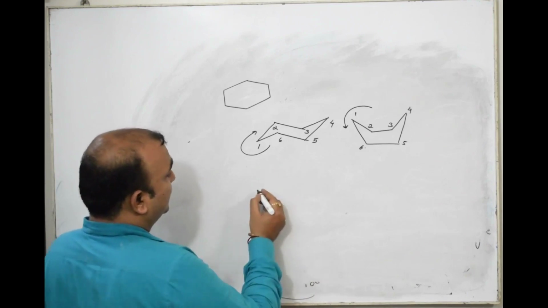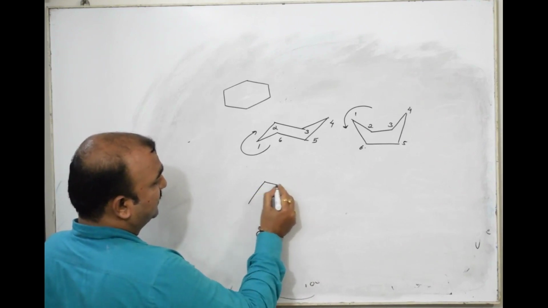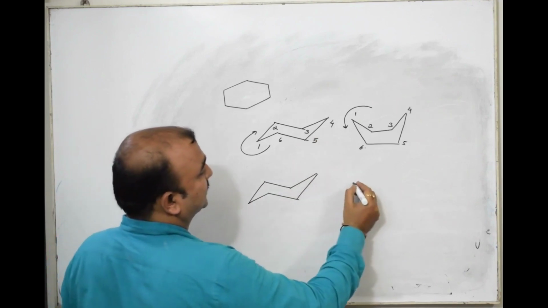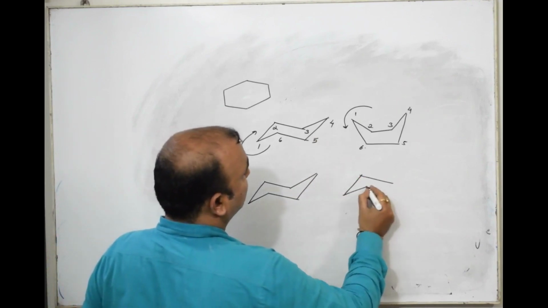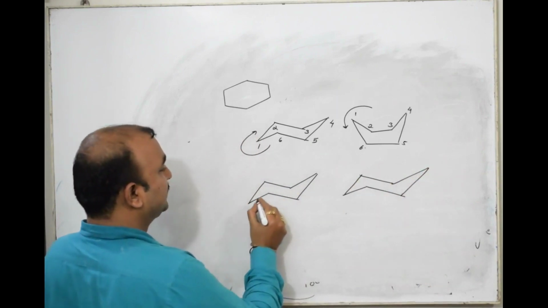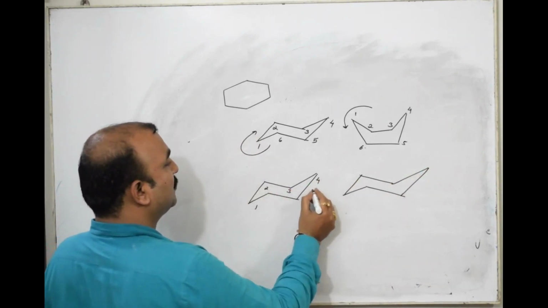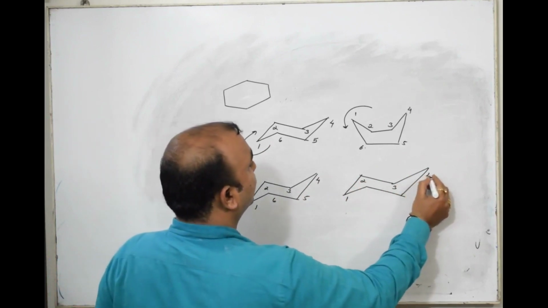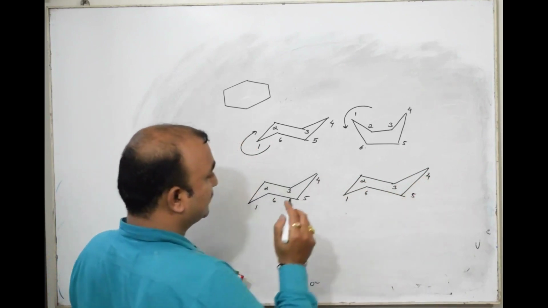Now, in cyclohexane there are 12 hydrogens. Now, how these hydrogens are arranged, that we are going to see.